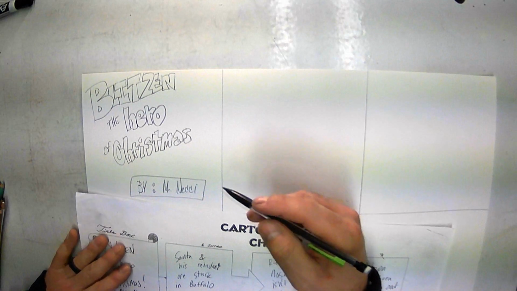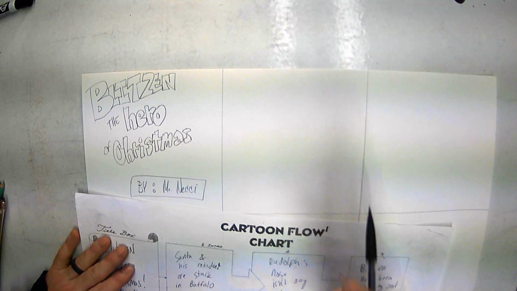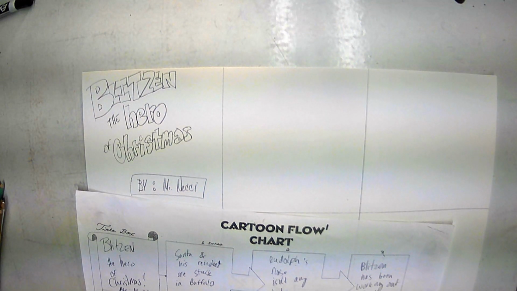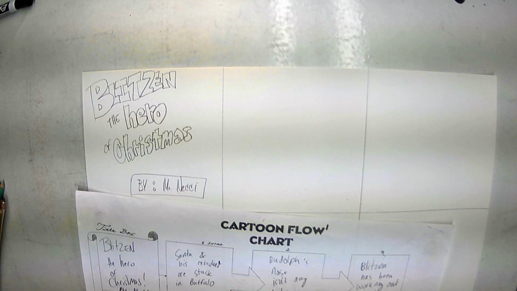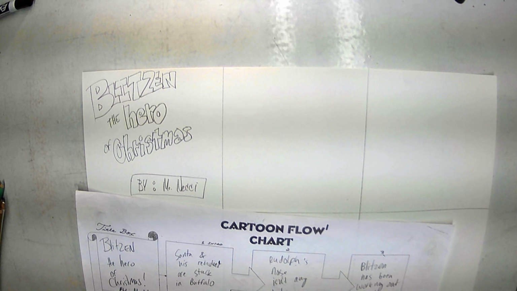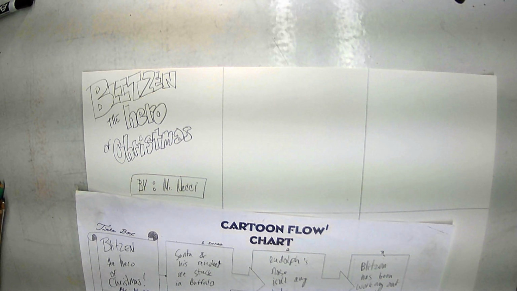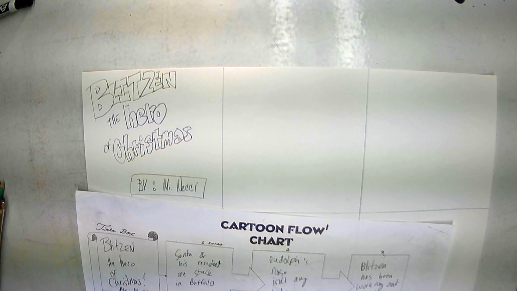So the first thing that happens is Santa and his reindeer are stuck in Buffalo. So I'm going to start to draw that out the best I can. Thought I had an example of it here.